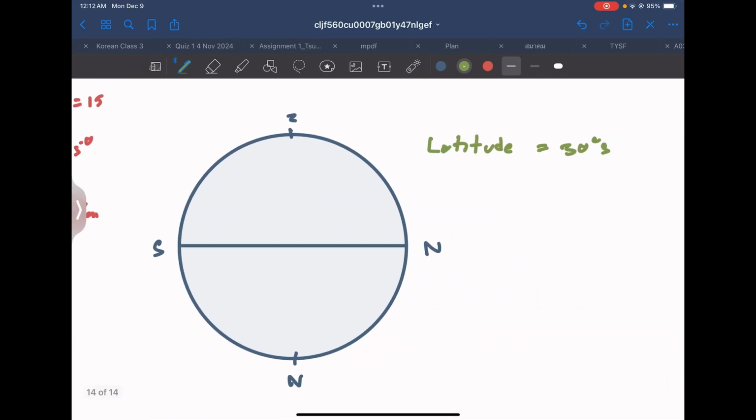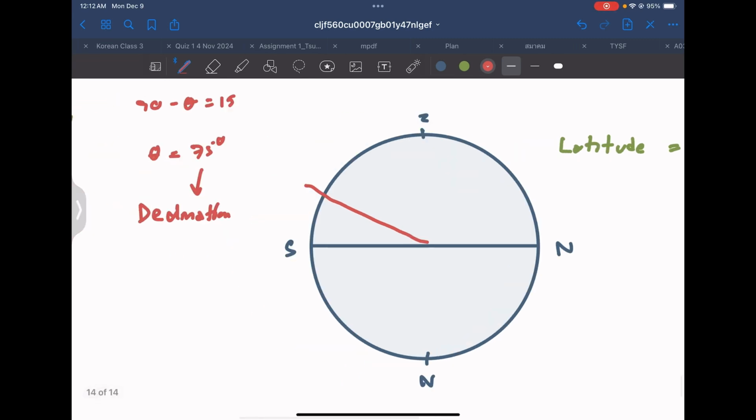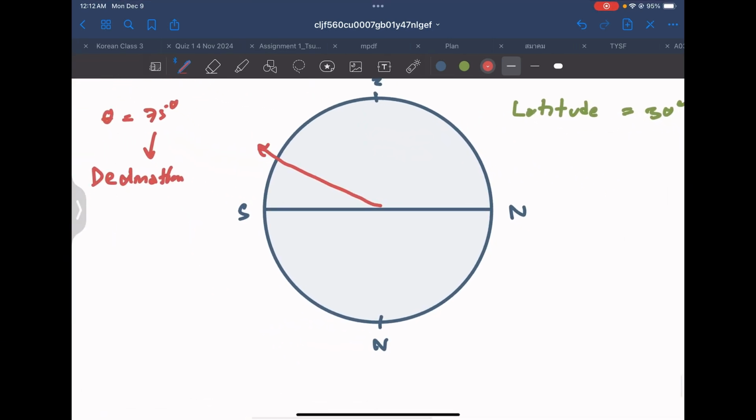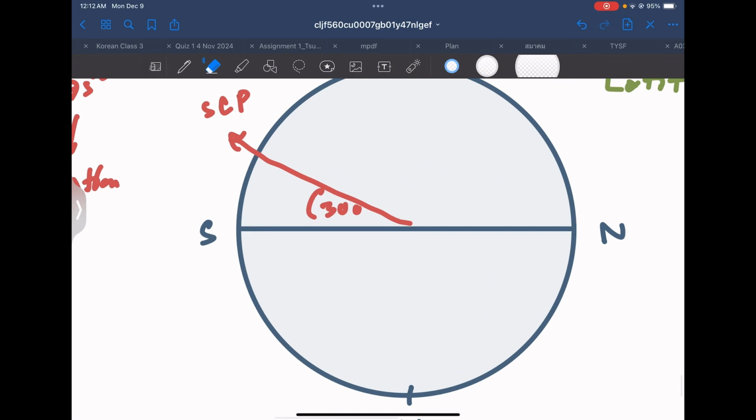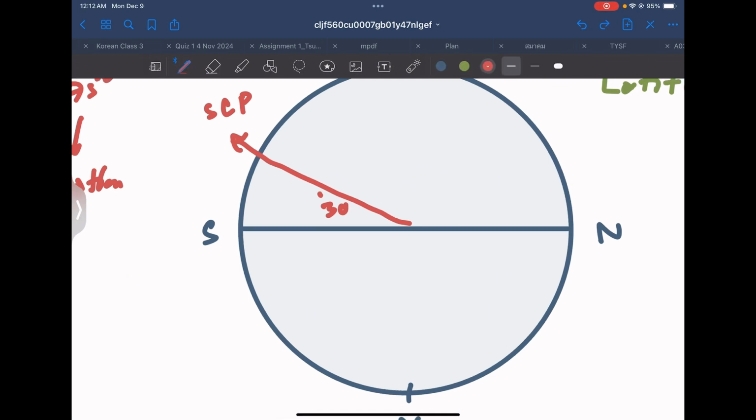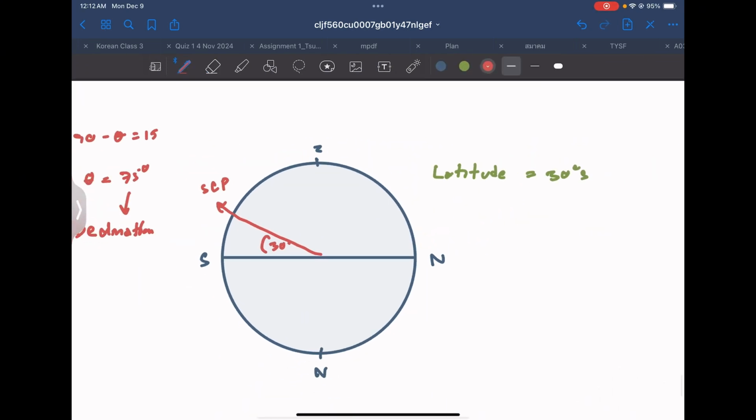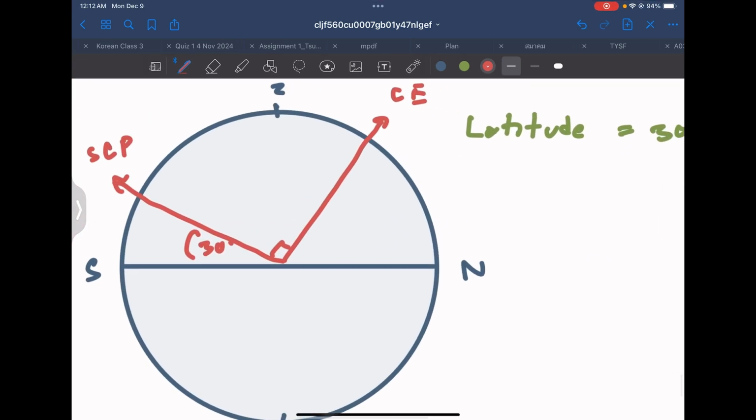So the SCP is right there, at 30 degrees. And you can also know immediately that this is CE, given the star is right here.